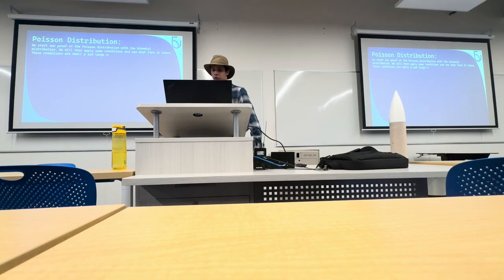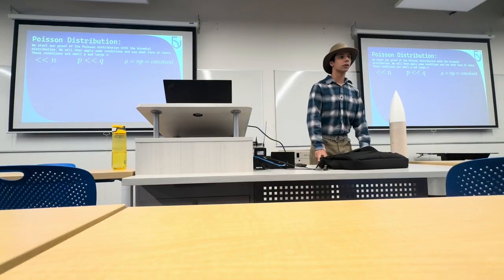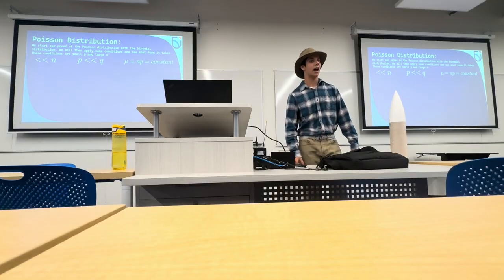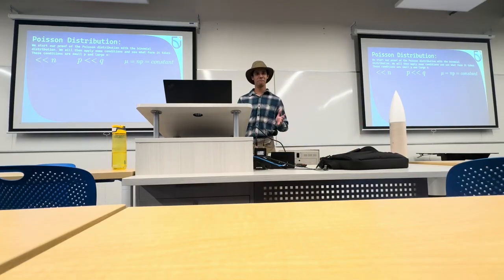Well, to do this, first we want to look at the Poisson distribution. And why do we want to look at this? Well, the Poisson distribution is basically the binomial distribution with a couple of caveats. Number one, n is very large. When you're looking at radioactive decay, is n very large? Usually yes. How many atoms are in a mole? Many.